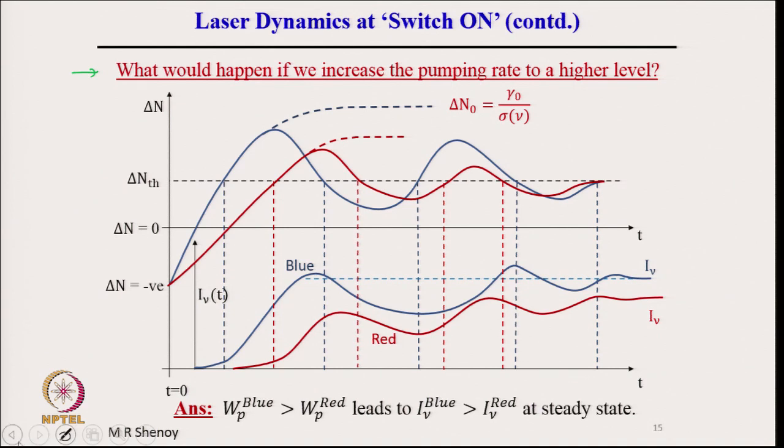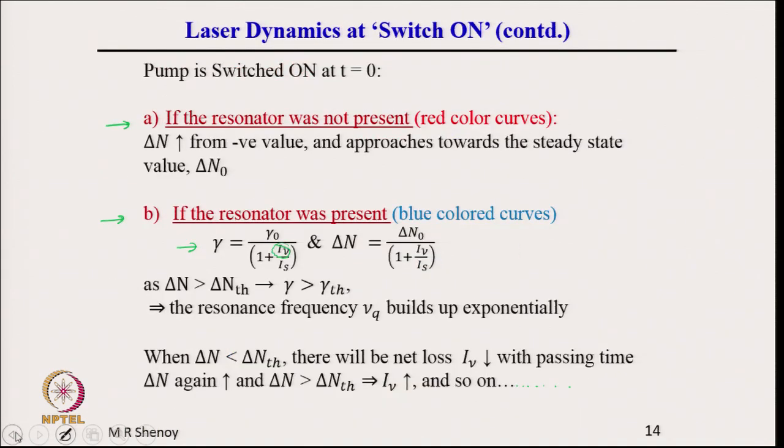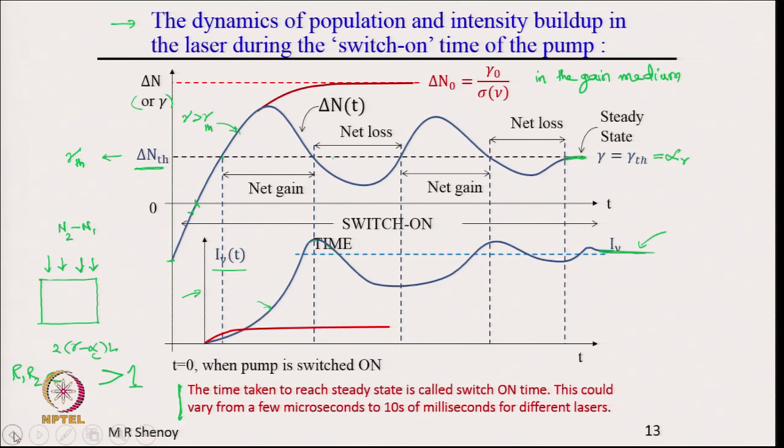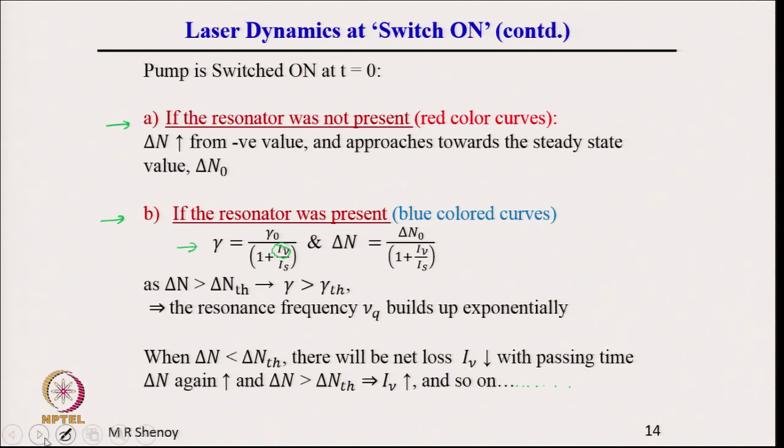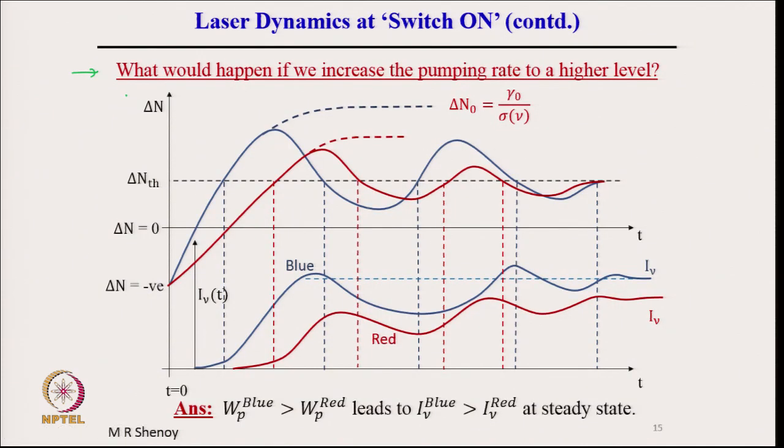The previous discussion was at a given pumping rate, for a particular value of WP. Of course, WP is greater than WP threshold. Now, if I increase WP1 to a new value WP2, then what would happen? That is the question, what would happen if we increase the pumping rate to a higher level?